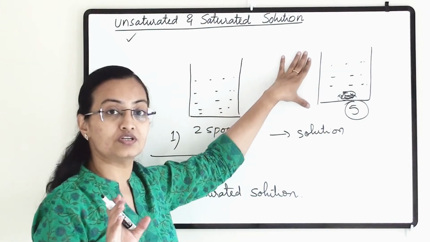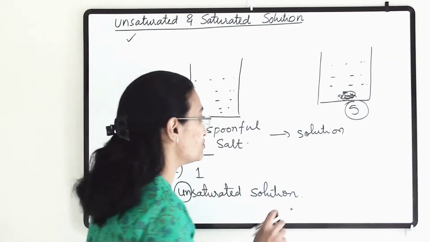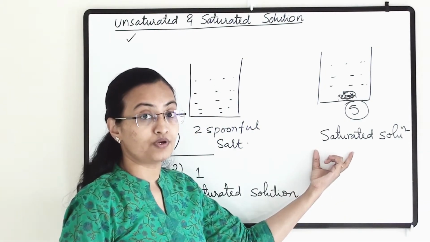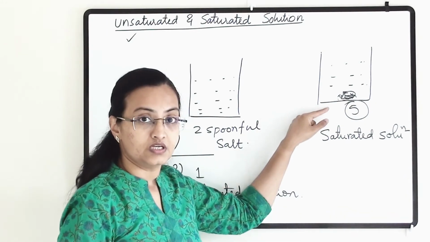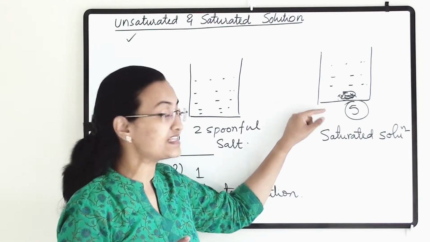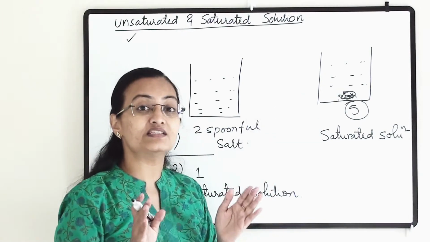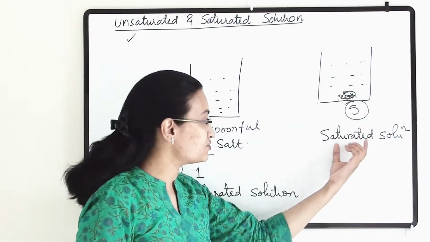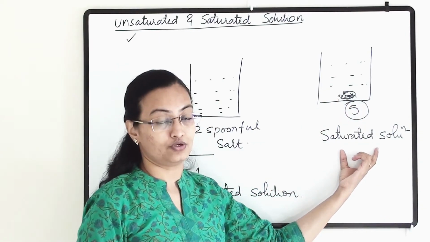Then this solution is considered a saturated solution. Why? Because the capacity of the solvent to dissolve a solute has been completed. It is completely saturated. Now it cannot dissolve any more solute. That's why it is known as a saturated solution.